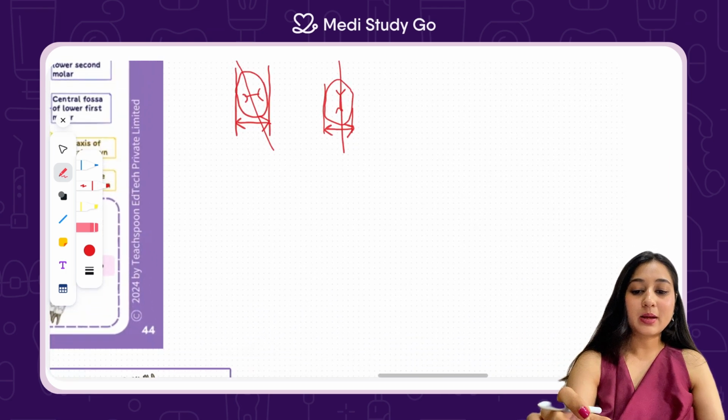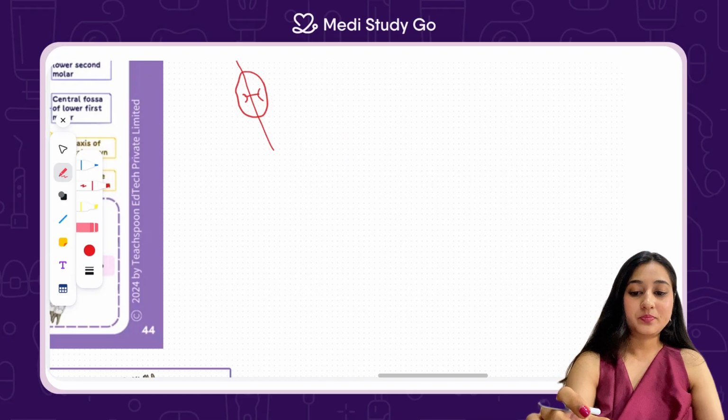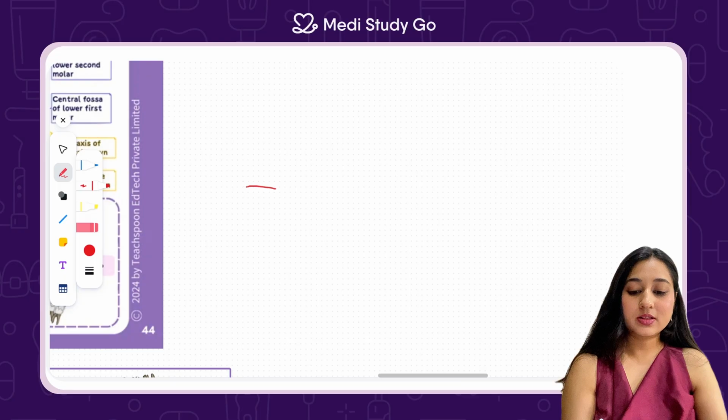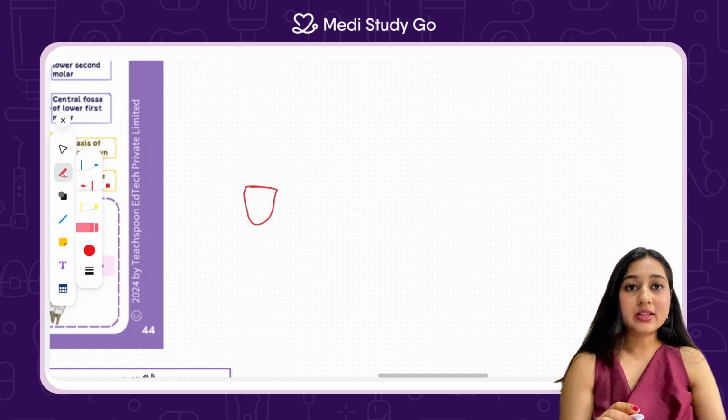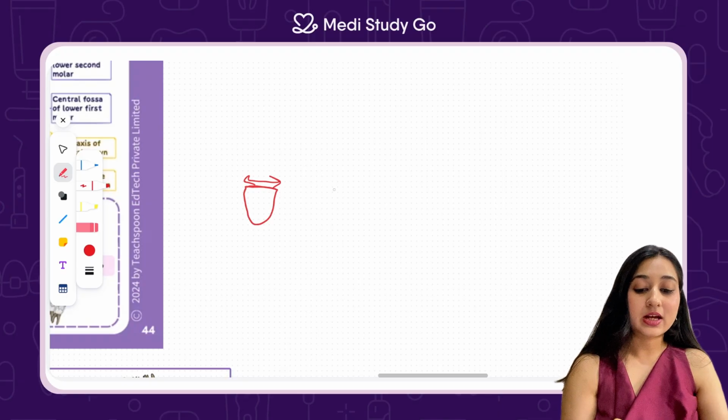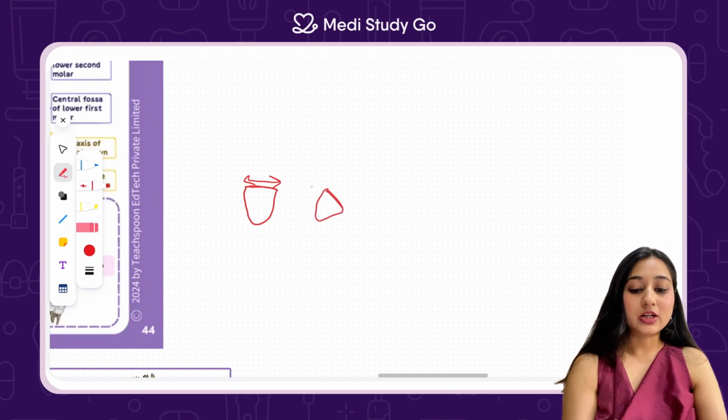Again, let's take the example of an anterior tooth. When you look from the occlusal aspect, this is an incisor. In a normal incisor which is not rotated, this would be the space occupied by a normal incisor. Now let's rotate this incisor and see. If this incisor is rotated, in the arch it would still only occupy this much space.